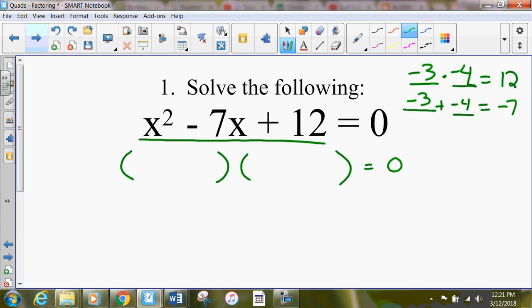So this is pretty cool. We've got a plus here, but a minus here. So we can't just use a +3 and a +4, right? That would work to multiply to get a +12, but because we have a negative here, both of our numbers have to be negative. And of course we put our x here, and you know the rest, right?